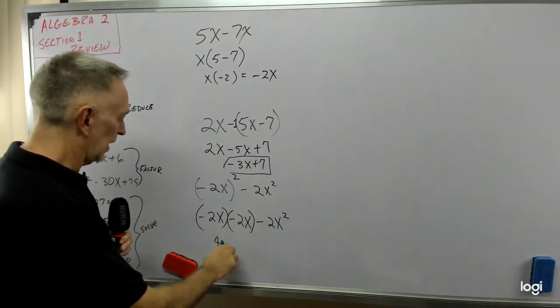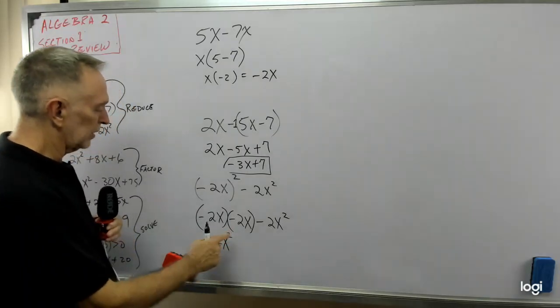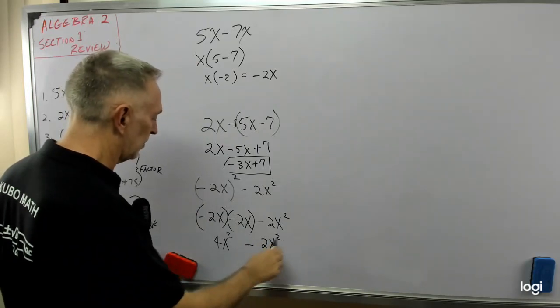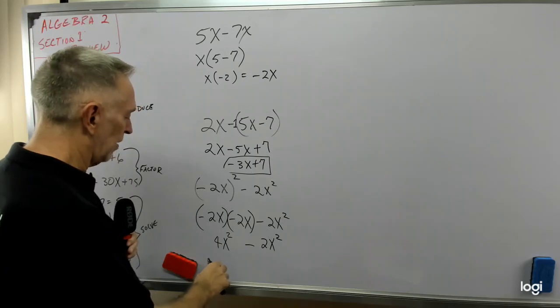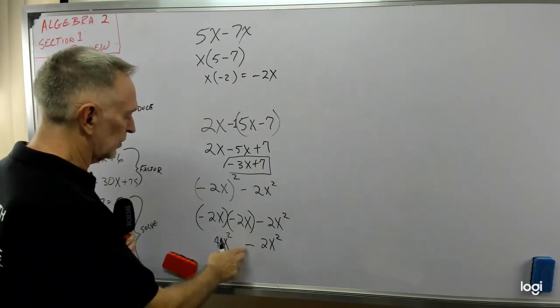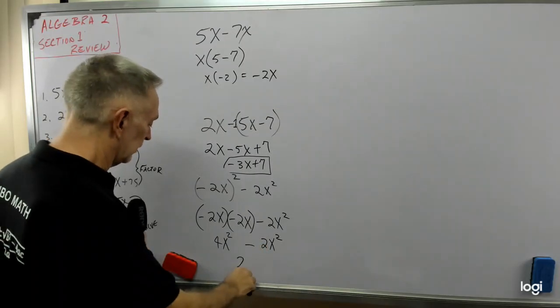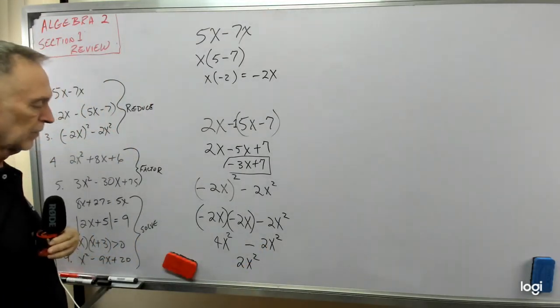X times x is x to the second power. So positive 4x to the second power minus 2x to the second power. Now I could factor the 2x out, but just keep it 4x to the second power minus 2. 4 of these minus 2 of them gives me 2x to the second power.